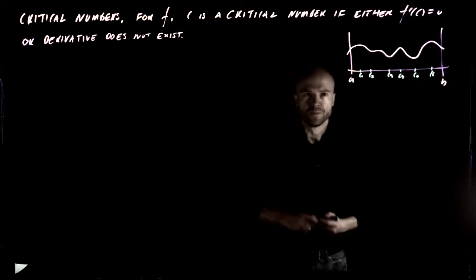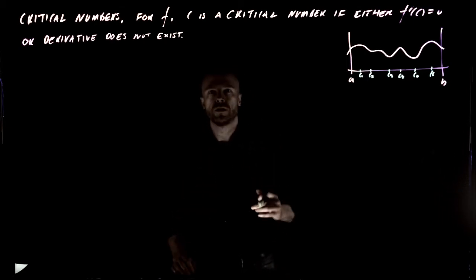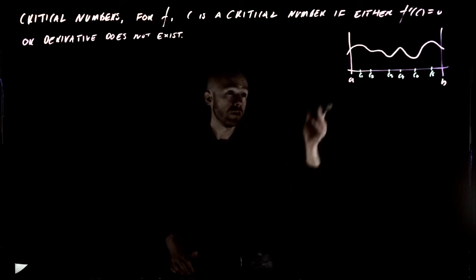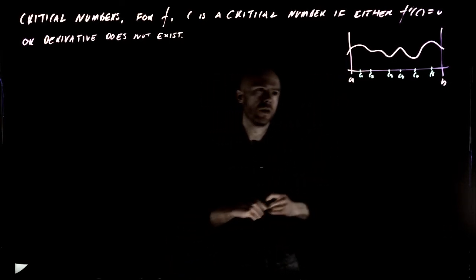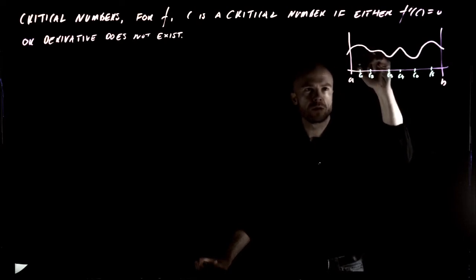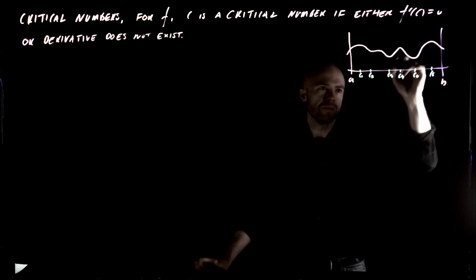And the point of this is that there's a very important relationship between local maxima and local minima and critical numbers. The relationship is what we can see here on this graph. Whenever we have a local maxima, such as here, it must live above a critical number. Yeah? A local minima must live above a critical number.